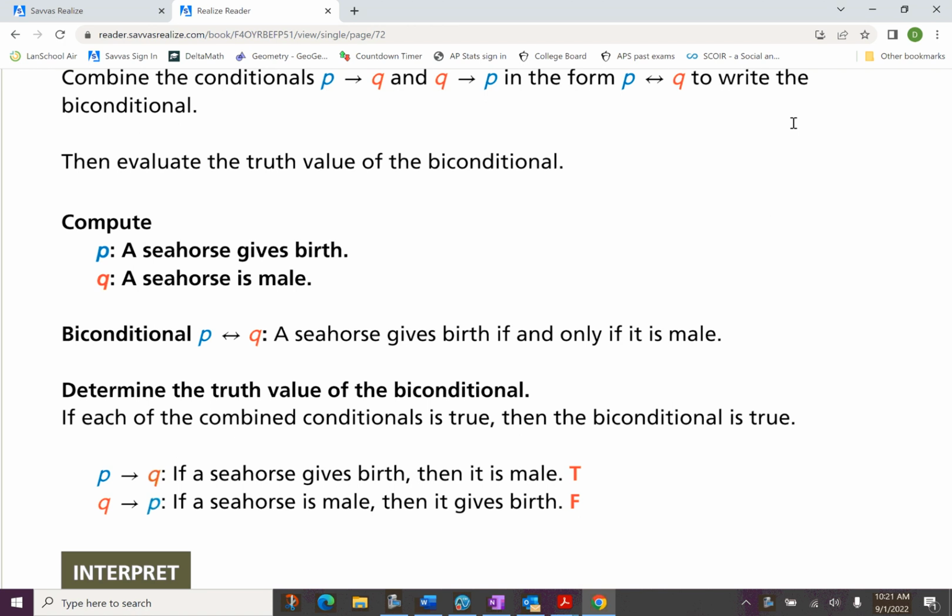A seahorse gives birth if and only if a seahorse is male. Okay. Caution, don't use the pronouns until the second part. Don't say, if it gives birth, then it is a male. That's not specific enough.